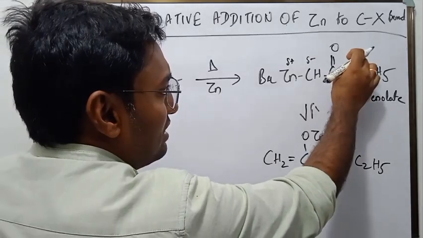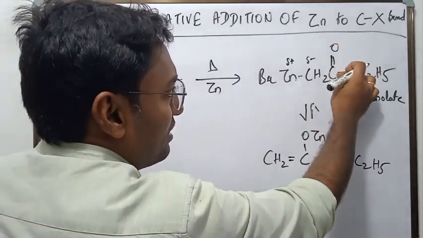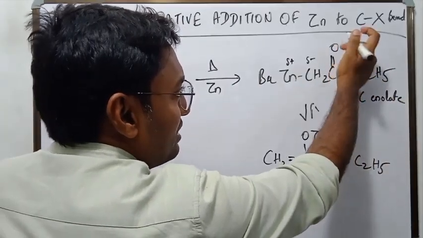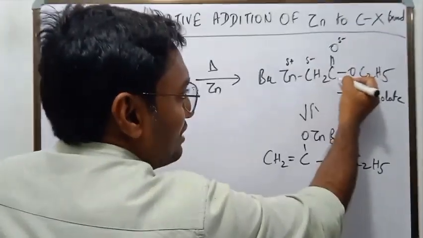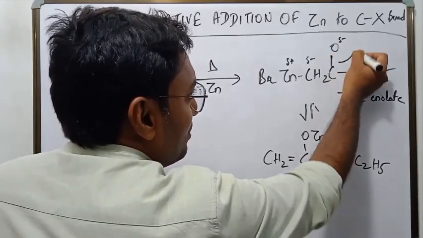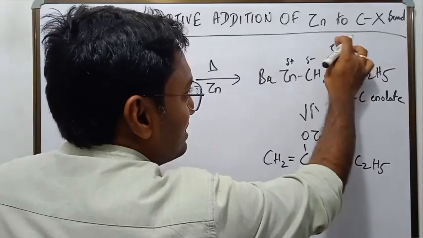Now look at the carbonyl group here. Carbon and oxygen are of opposite nature. Oxygen is highly electronegative and carbon is electropositive, so the electron would go to the oxygen side.